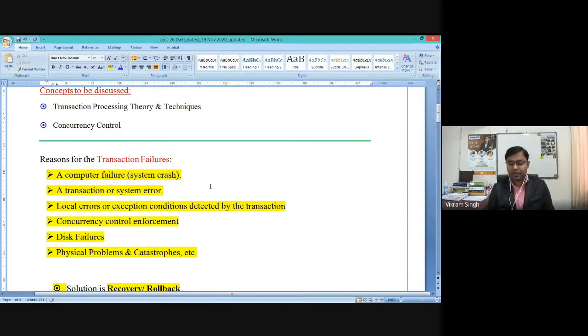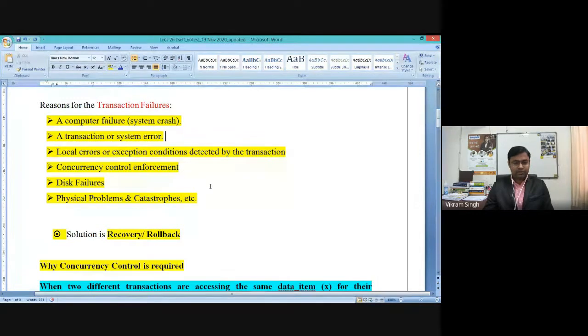So in the case of failures, rollback or recovery is the only solution we have, right? Recovery and rollback are sometimes considered similar or equivalent solutions. Rollback is literally like reverting the changes.